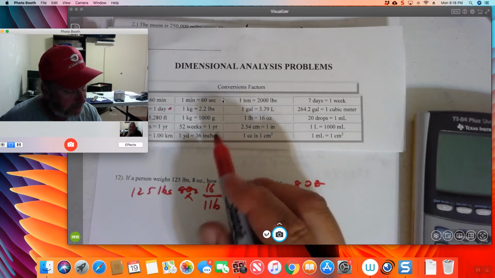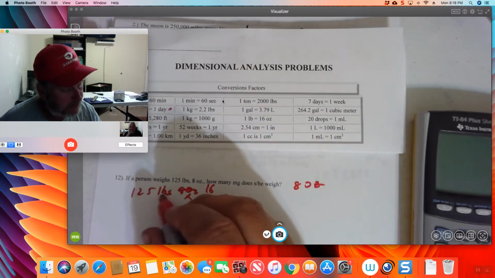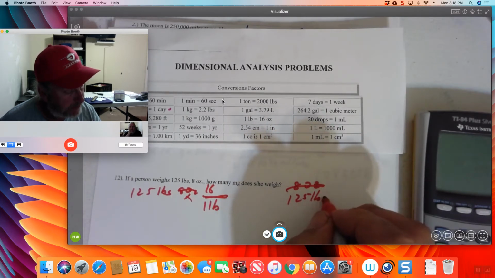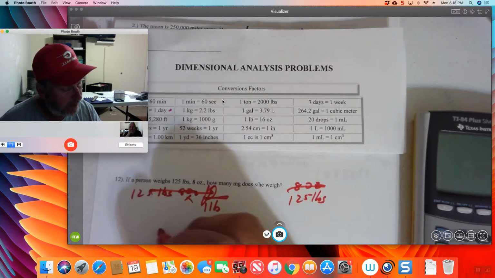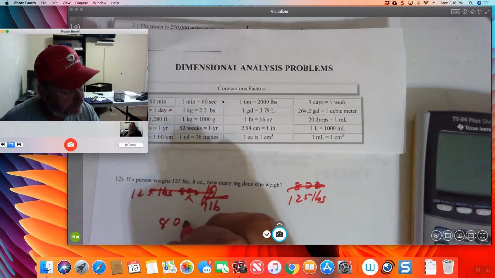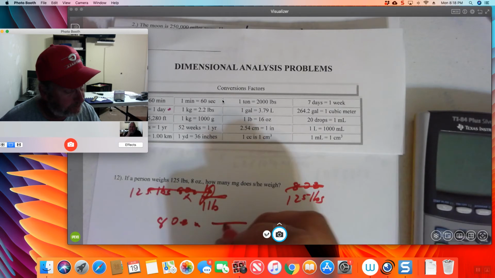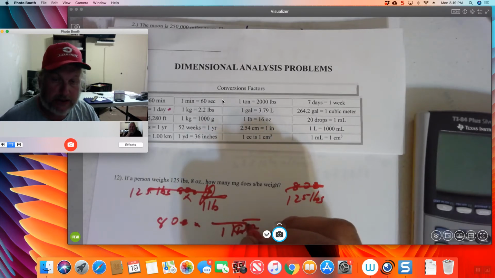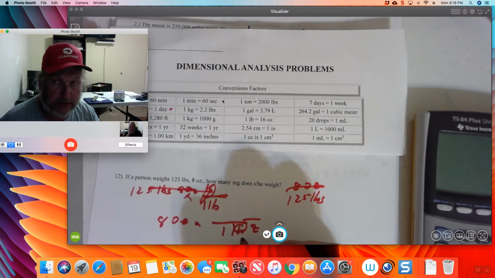So I've got to take those 8 ounces. We're going to write 125 pounds right here, 8 ounces, equals how many pounds? So 1 pound, oh, excuse me, 16 ounces. Notice I changed up what I did and I put ounces on the bottom.